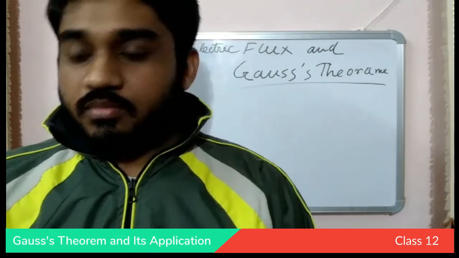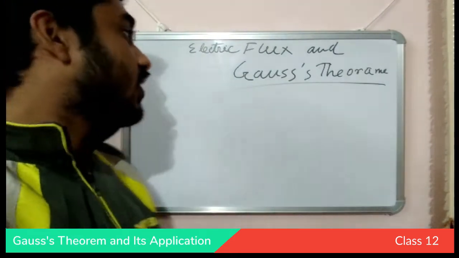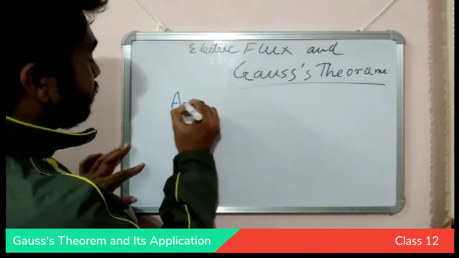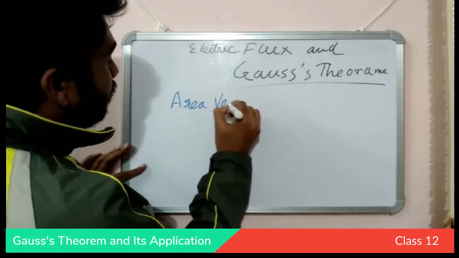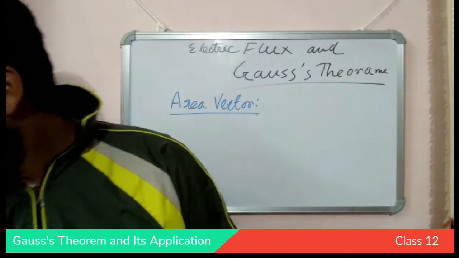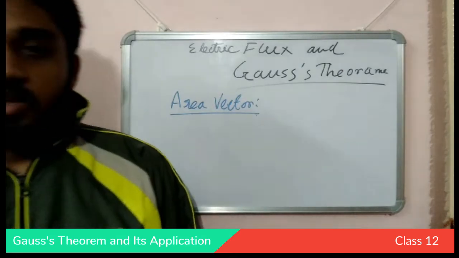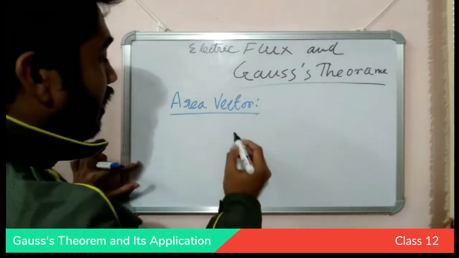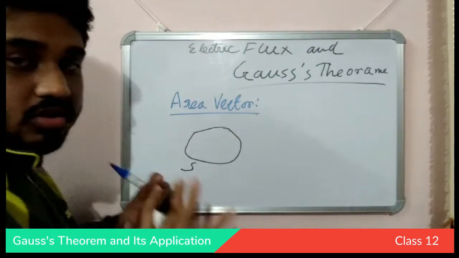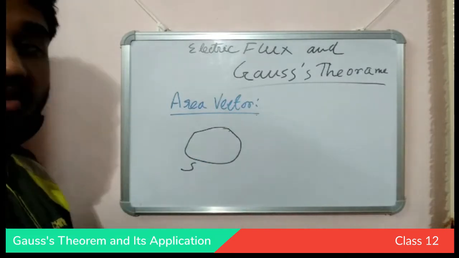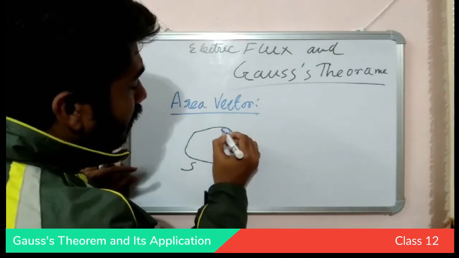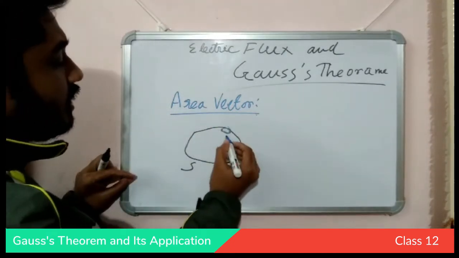At the start of this class we will have a basic idea about the area vector. This term will play an important role in learning this chapter. Suppose there is an arbitrary volume. This is S, a closed surface volume, and we take a little area ds.